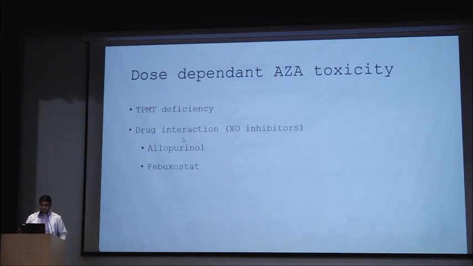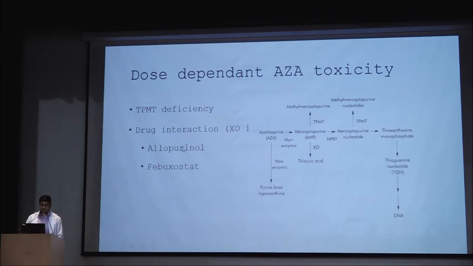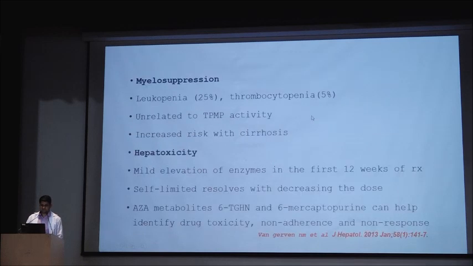Coming to dose-dependent azathioprine toxicity, this occurs in patients with complete TPMT deficiency, which occurs in around 0.5% of the population. It is also associated with interaction with certain drugs like allopurinol and febuxostat, which inhibit the xanthine oxidase enzyme and divert 6-mercaptopurine to the thioguanine.